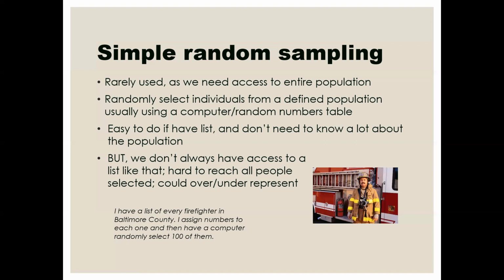Here, the example is firefighters. So this researcher decides to look at firefighters in Baltimore County, and they have a list of every single firefighter. Those who retired or were taken off, those new firefighters that just began, are on there. And then you use a random sample generator on your computer to pull the sample. But again, this assumes you have every single name and it's always correct, and that's hard for populations that are hard to reach.